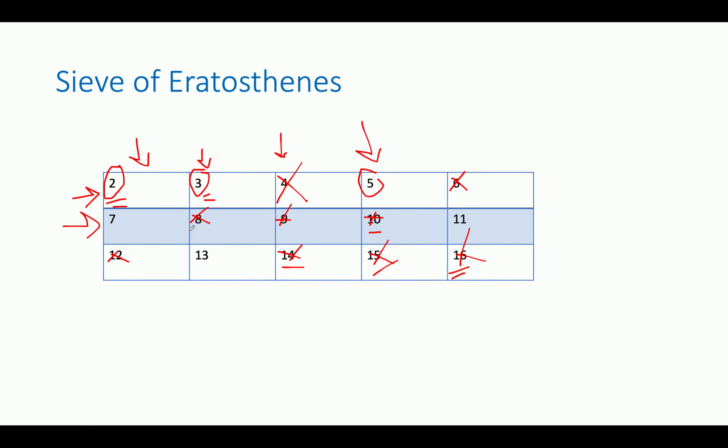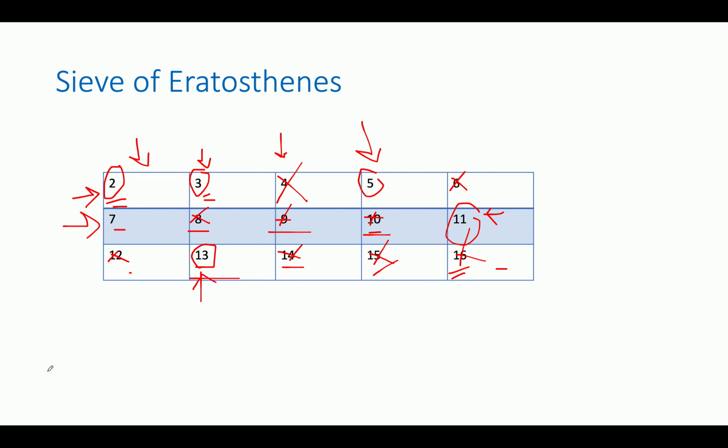Let's move on. 8 is already gone, 9 is already gone, 10 is already gone, and we have 11. 11 happens to be prime, and we will delete all its factors. There are no such factors. Move ahead. 12 is gone. 13 is again prime. We delete all its factors. There are no such factors up till 16. Awesome. So how many prime numbers are left? 2, 3, 5, 7, 11, and 13, which is the expected result.